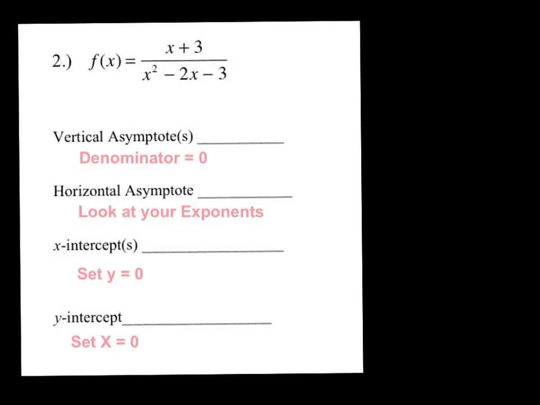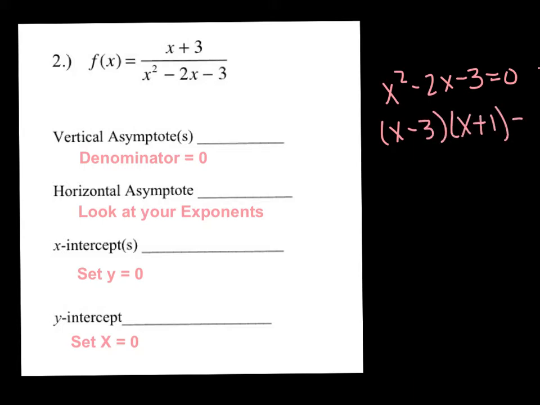So if we set x squared minus 2x minus 3 equal to 0, I would try to factor that. x minus 3, x plus 1. So our two values are 3 and negative 1. Three and negative 1 would be your vertical asymptotes.